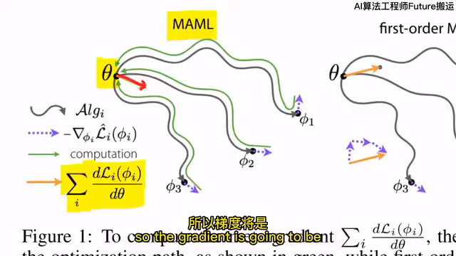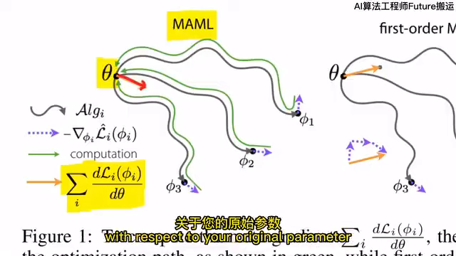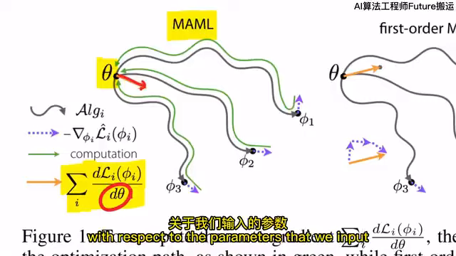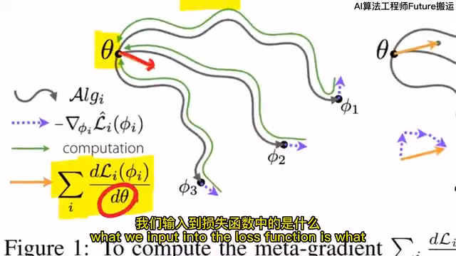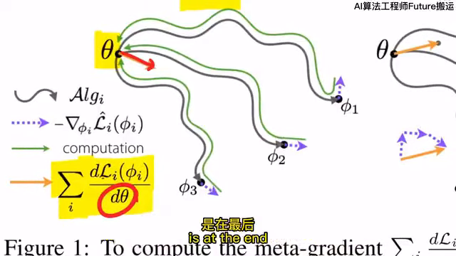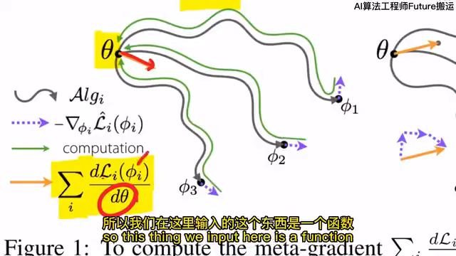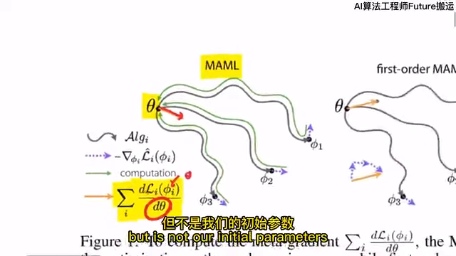So the gradient is going to be the sum of the gradients of these loss functions with respect to your original parameter. Now this is the difference. Usually we differentiate with respect to the parameters that we input into the loss function, but not here. What we input into the loss function is what is at the end of the task adapting to its own parameters. So this thing we input here is a function of our initial parameters, but is not our initial parameters.